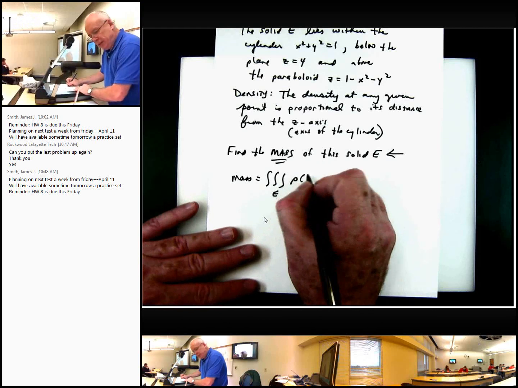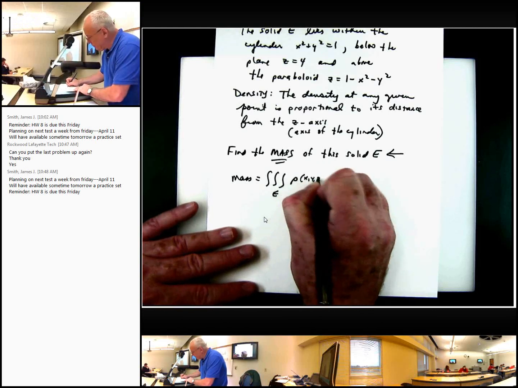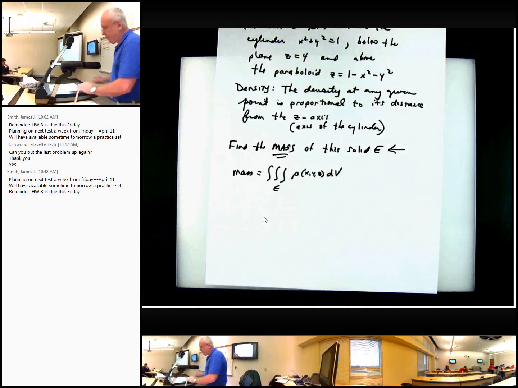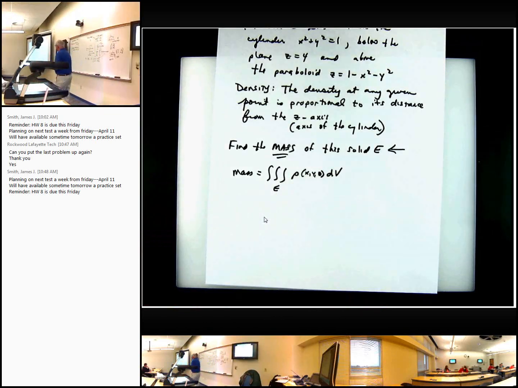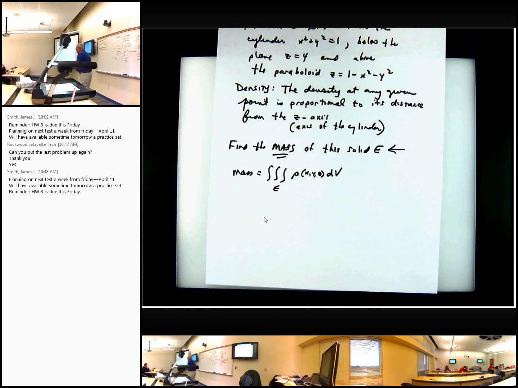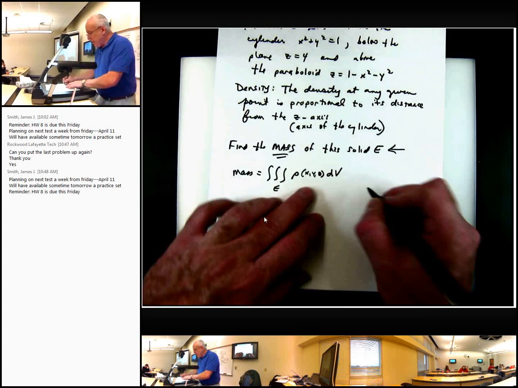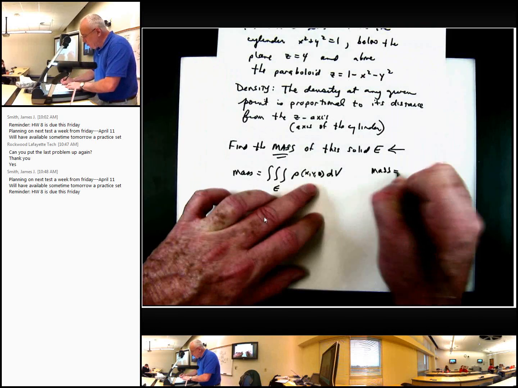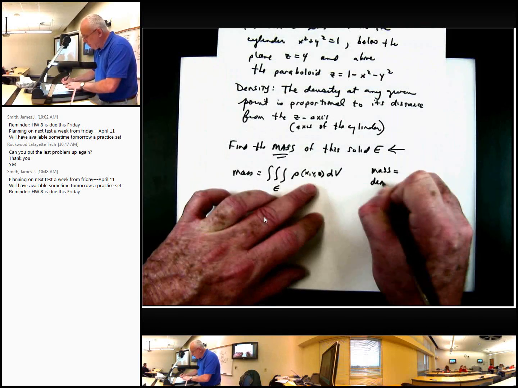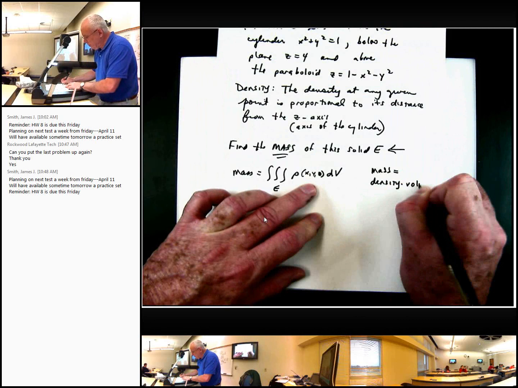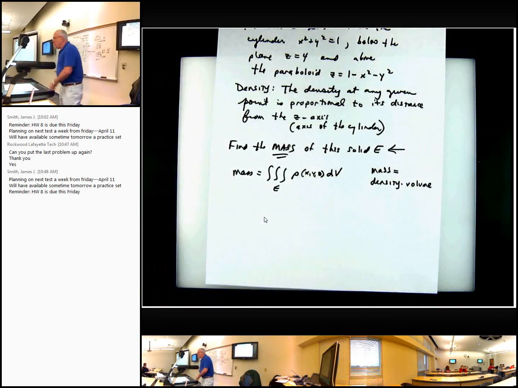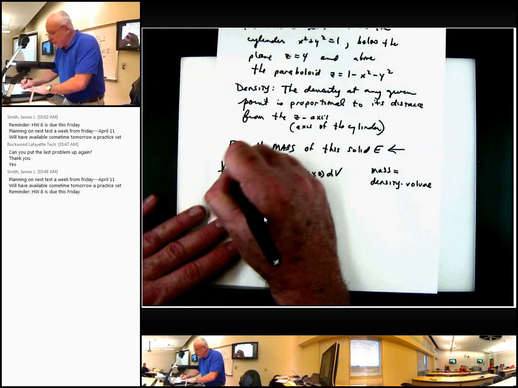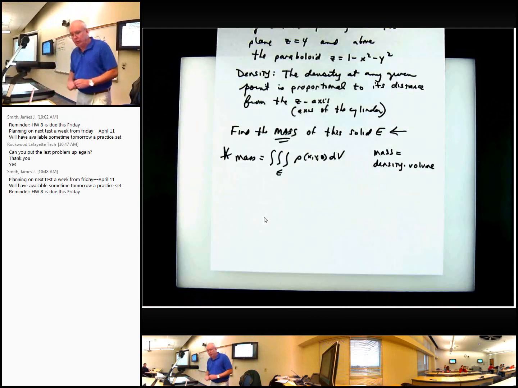Let's just have it as a density of x, y, and z, dV. So we have some kind of density formula that we integrate over the volume of the mass. This is basically the fact that mass is equal to density times volume. That's where that gets derived from. Okay, so this is what, in general terms, we're going to be using.